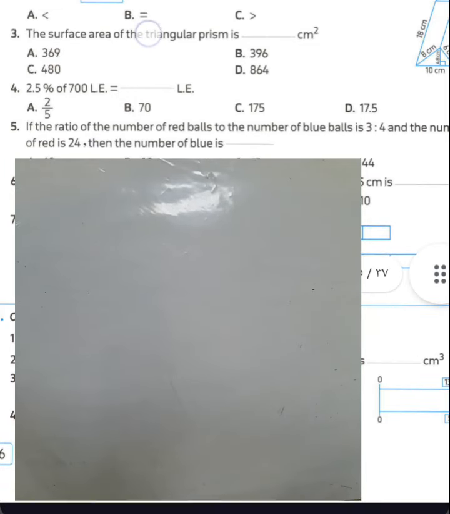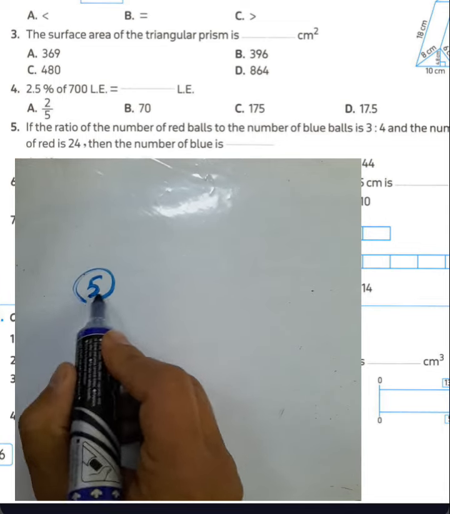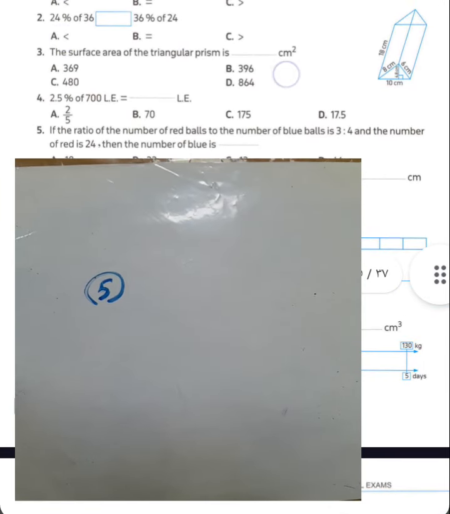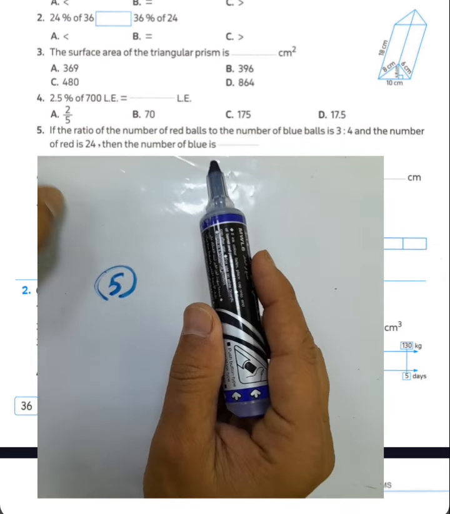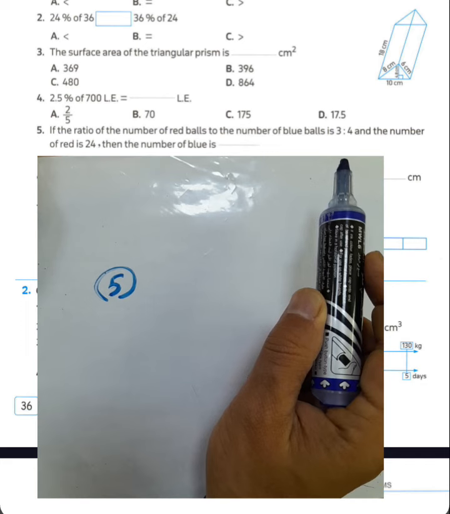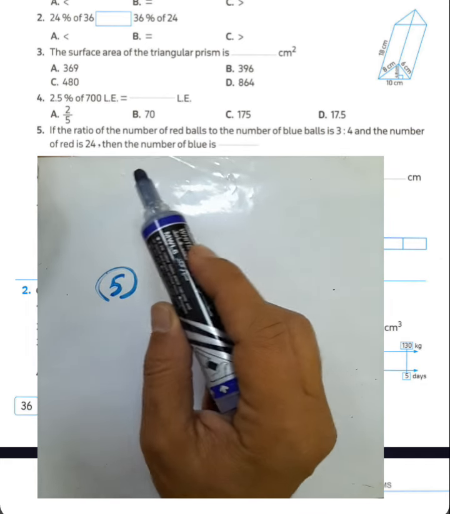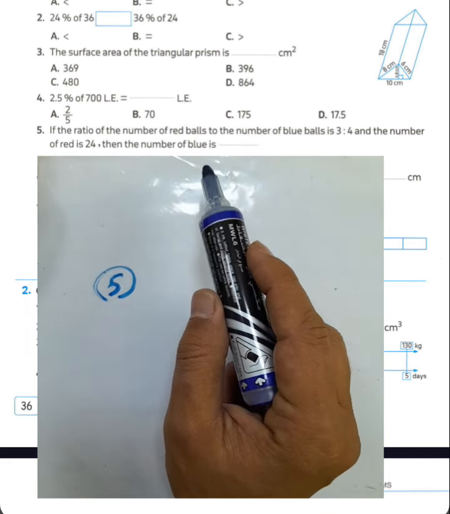Next question, number 5. If the ratio of the number of red balls to the number of blue balls is 3 to 4, and the number of red was 24, then the number of blue equals what?